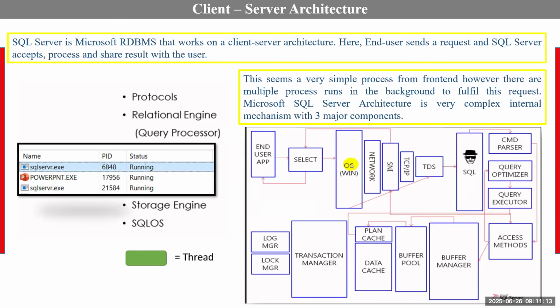This is very important, sir. The query optimizer will prepare the execution plan based on the cost and the selectivity, and it will store that plan in the plan cache. Is it clear at a high level?